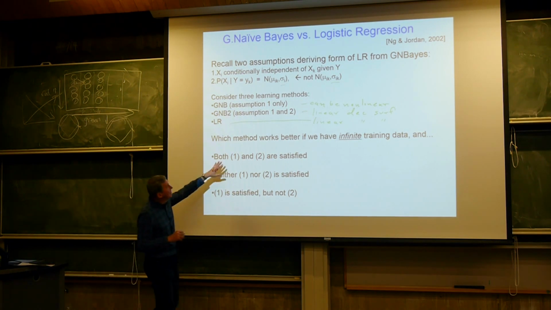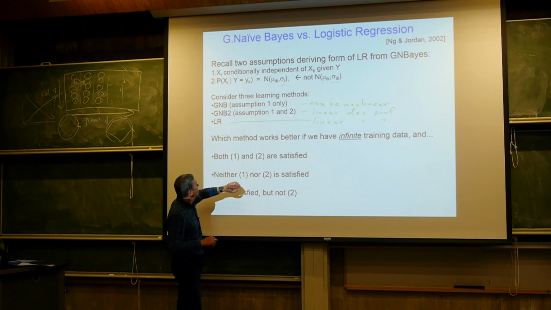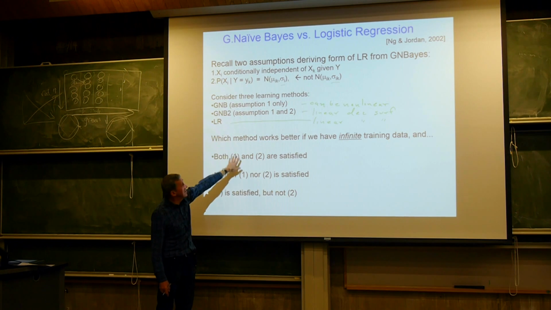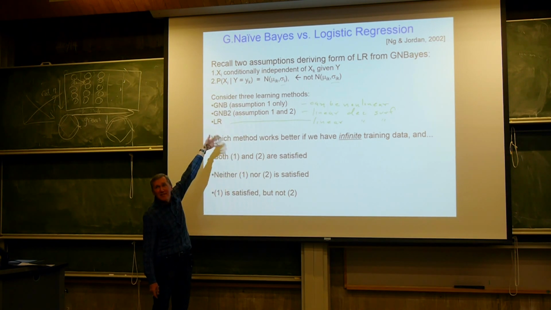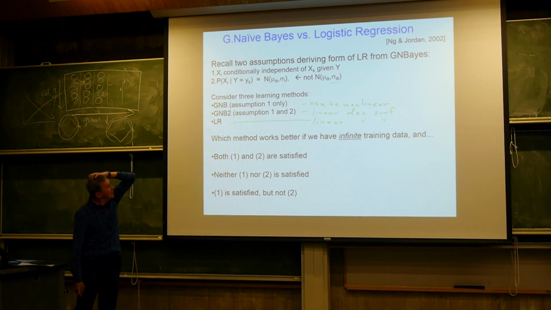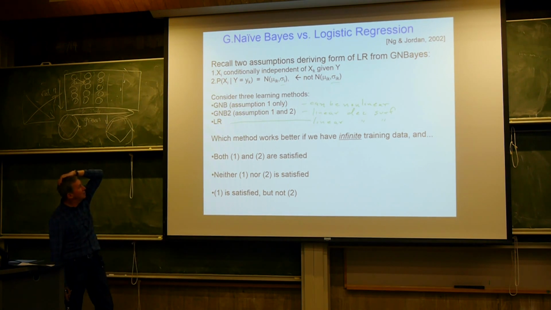So if we have infinite training data, and we happen to be in a world where both of our two assumptions are satisfied, then what's the relative dominance of these different algorithms? Right, then I guess what we can say is that GNB will dominate GNB2.